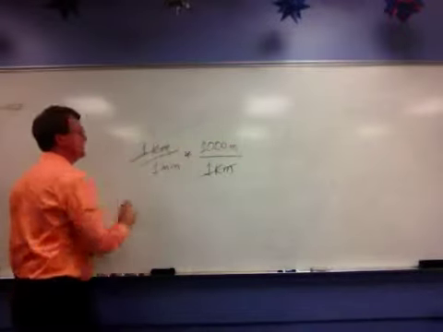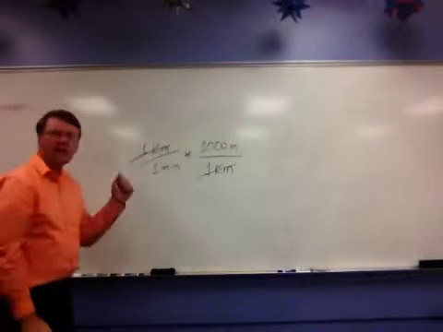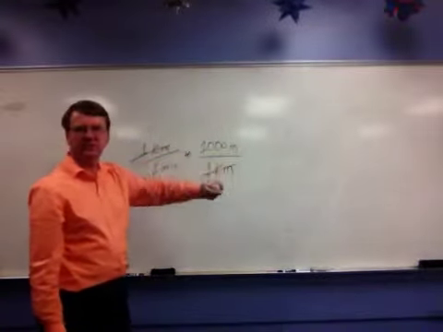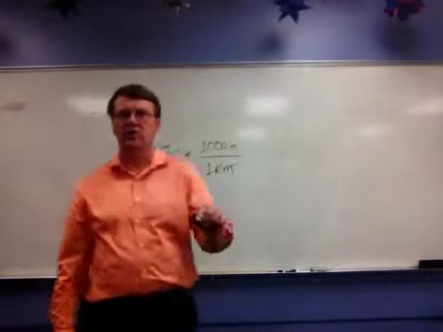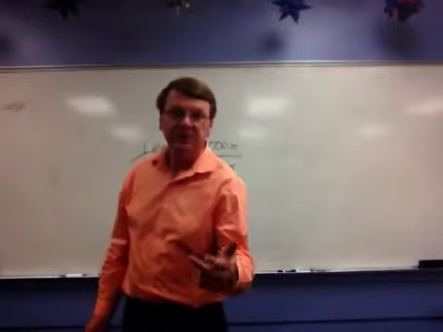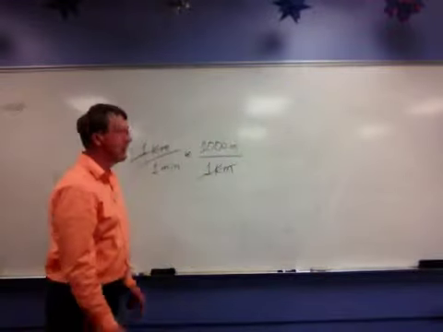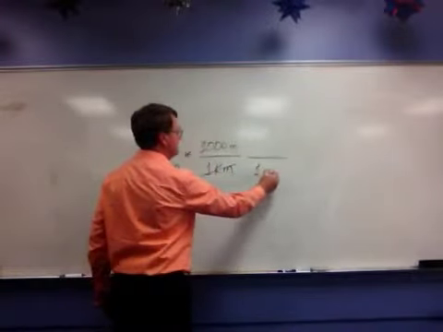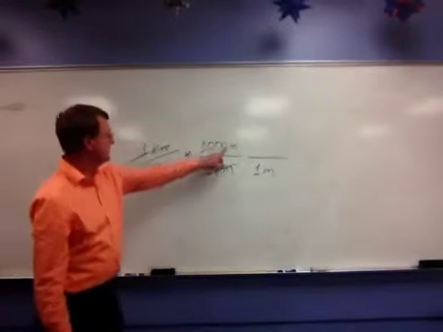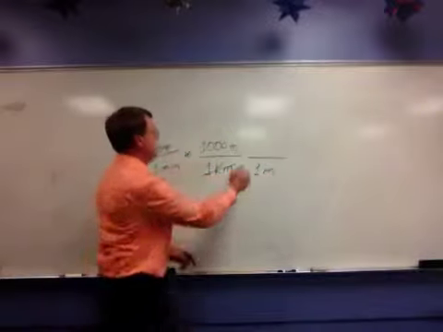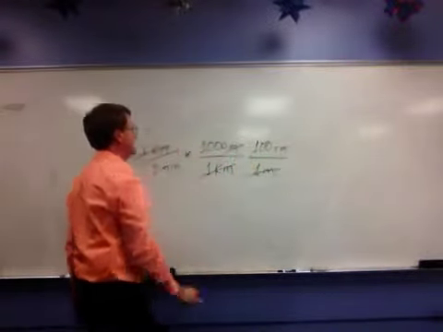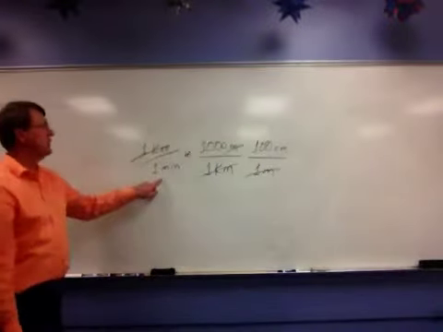The kilometers cancel. Now I want centimeters. How are meters related to centimeters? In every meter there are 100 centimeters. Centi, 100. I put the meter down here because I want to get rid of the meters. 1 meter is 100 centimeters. And those cancel. Now I've got minutes.